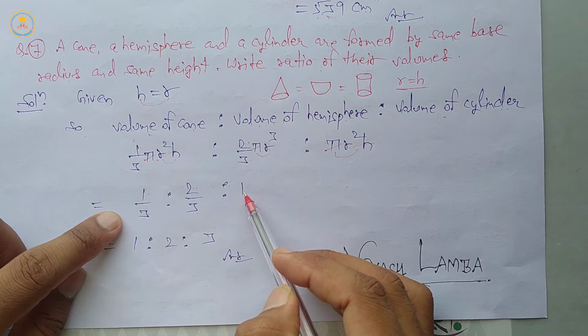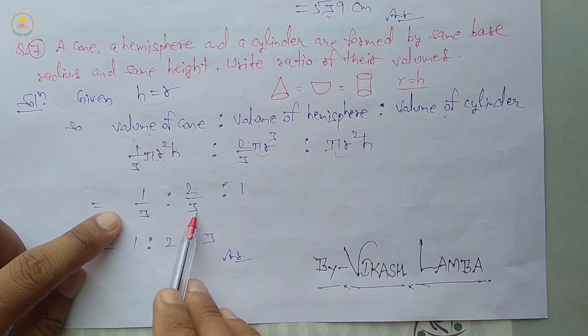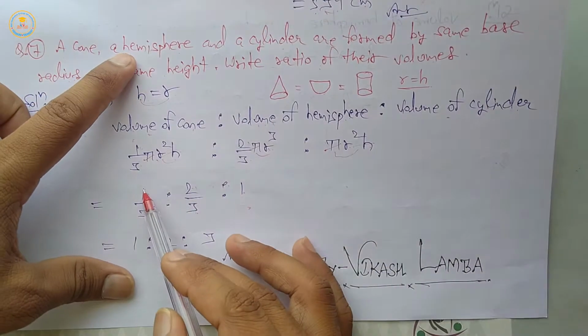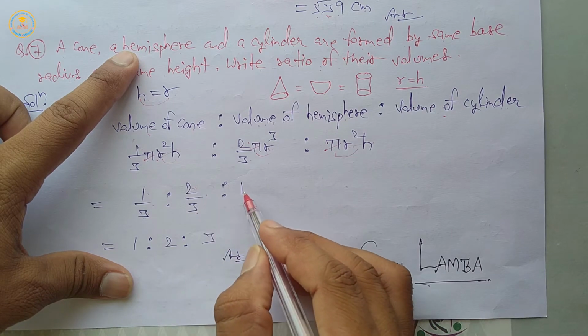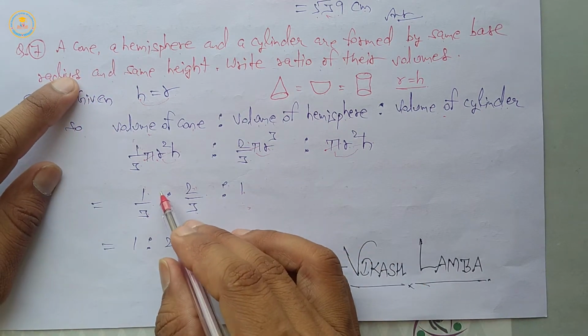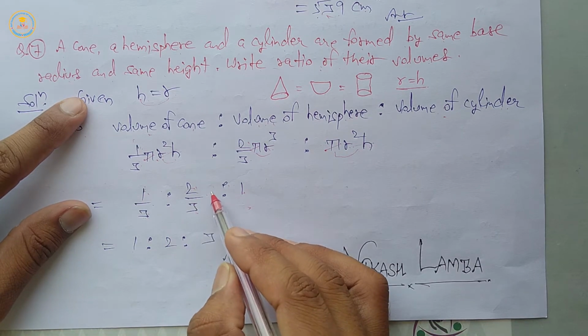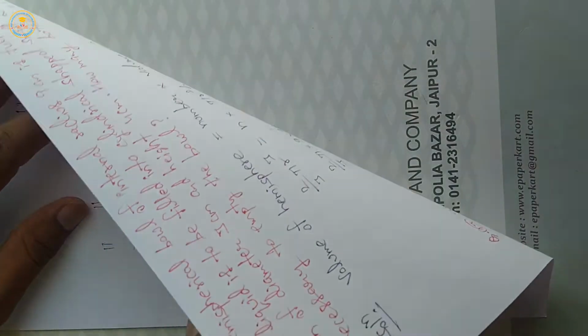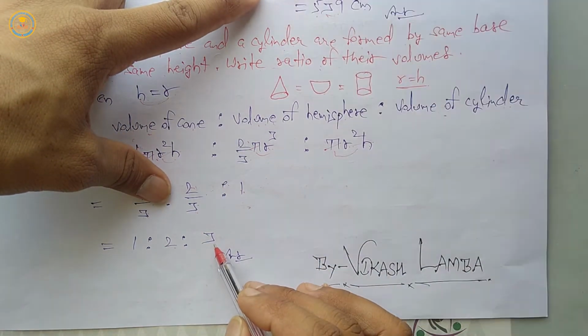We find simple ratio. It means first taking LCM. LCM is 3. So 1 upon 3 multiply 3, 2 upon 3 multiply 3, 1 multiply 3. 3 cancel out. It means remaining part 1. 2 upon 3 multiply 3 means 3 cancel out. Remaining part is 2. And 1 multiply 3 means 3.